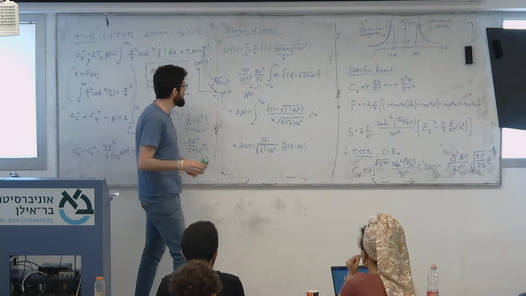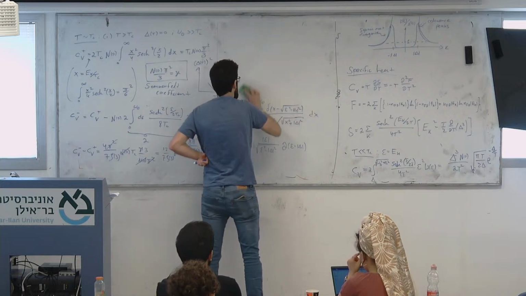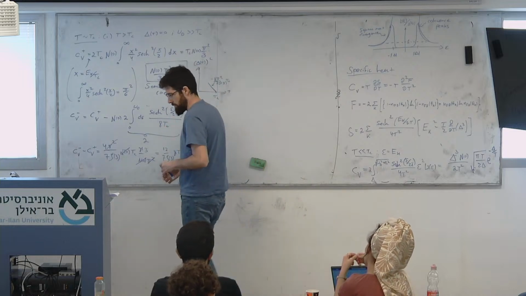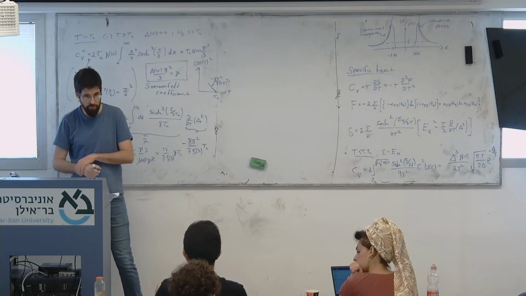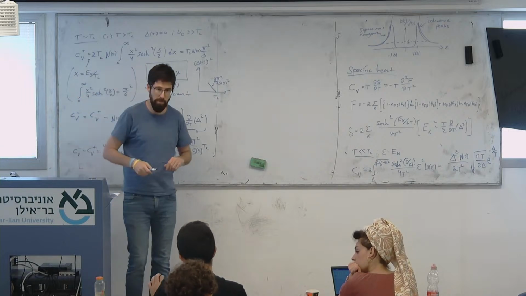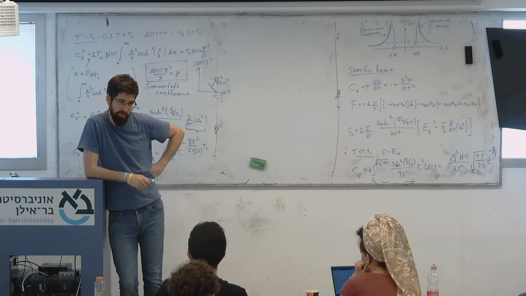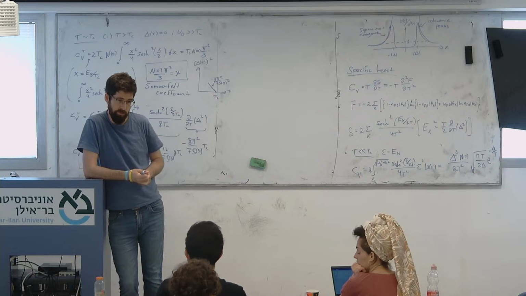But let me summarize the result here. What we find, and this is also a very famous result, is that the deep reason is that, unlike in a neutral superfluid, we don't have spontaneous symmetry breaking.